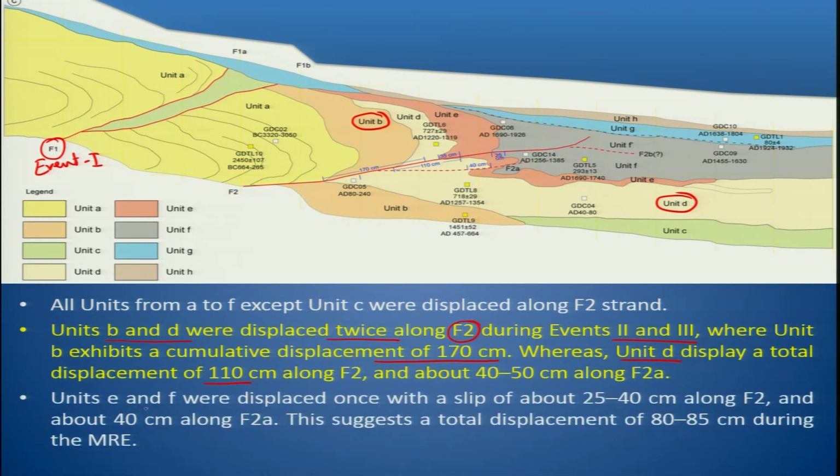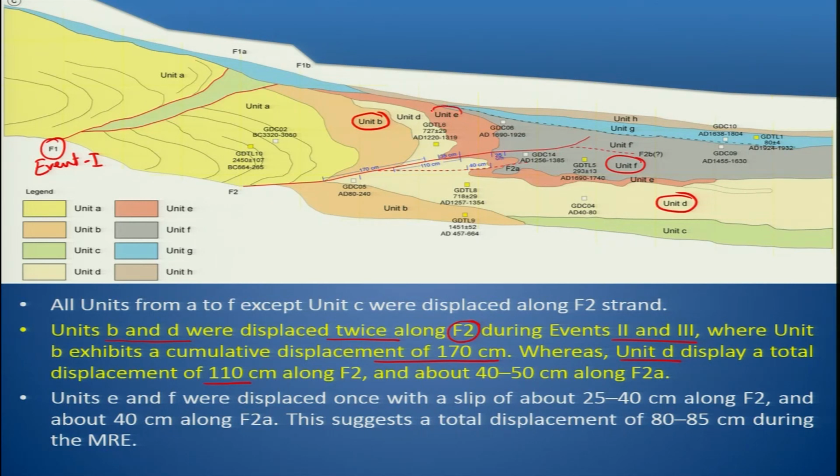So unit E and F were displaced once with a slip of about 25 to 40 centimeters. This has been shown here. During this event, unit F was also displaced.